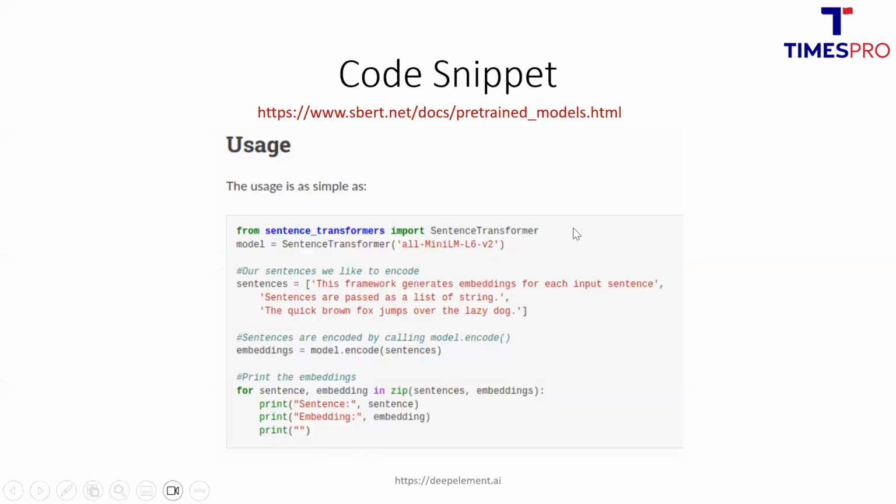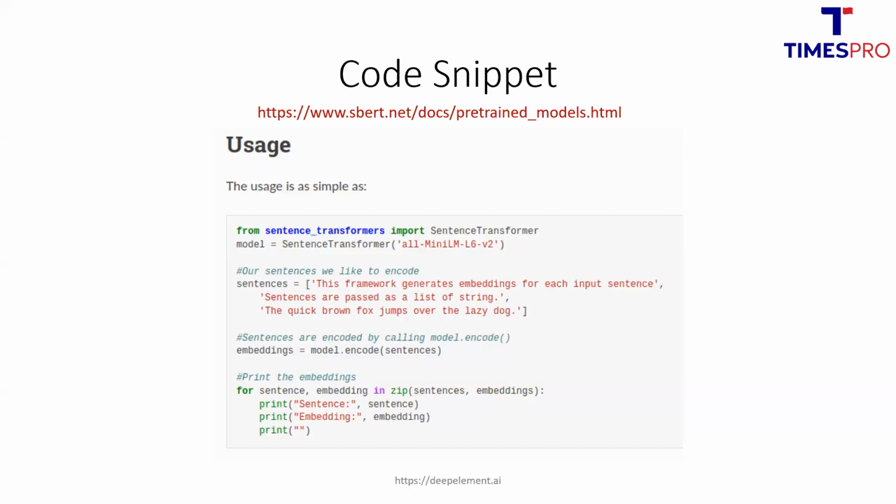All you have to do is load this particular model and create a list which contains all the sentences that you want to get converted into vectors. Pass that list of sentences to the model's encode method, and you'll get back the embeddings. In this particular case, we have passed 3 sentences to the encode method, and it will return 3 vectors. Okay, so this is as simple as that.